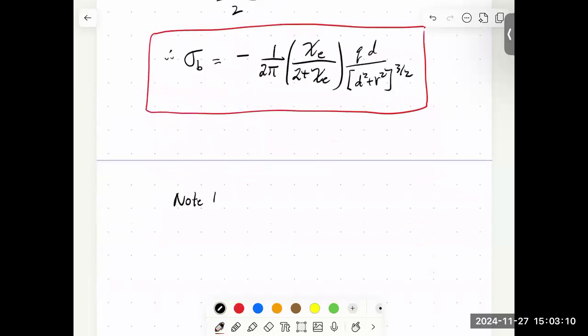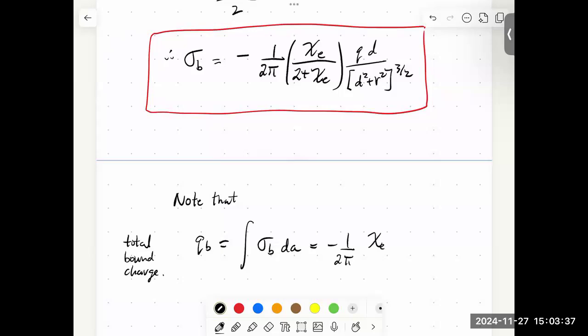Let's note that QB, if we wanted to find the total bound charge, we would integrate over the surface of our dielectric. Well, that's going to be 1 over 2 pi, chi over 2 plus chi, and then we have a factor of QD, and we'd have the integral of r dr d phi.